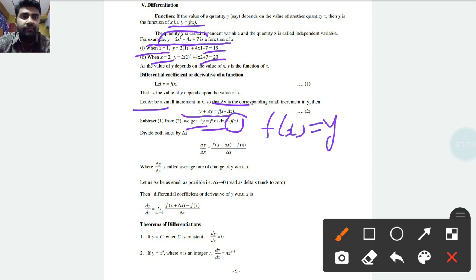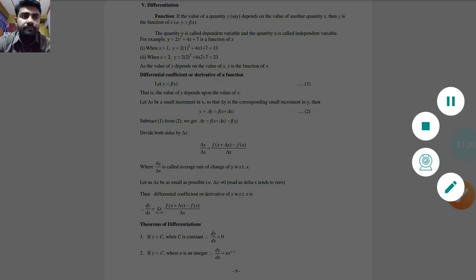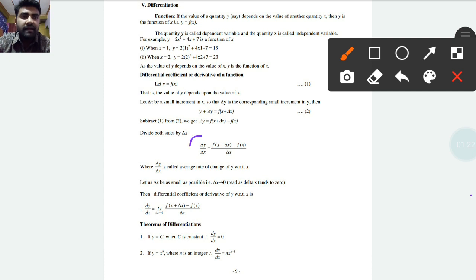That's why here it is written minus f of x. Now the ratio of this change, delta y upon delta x, is called the average rate of change of y with respect to x.